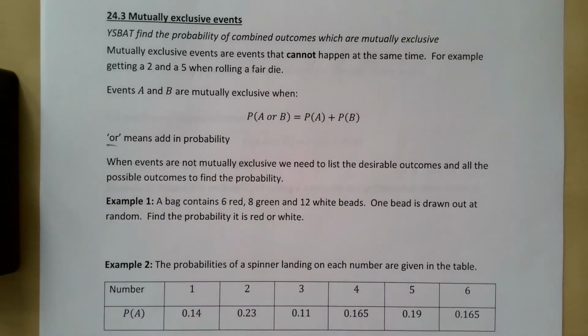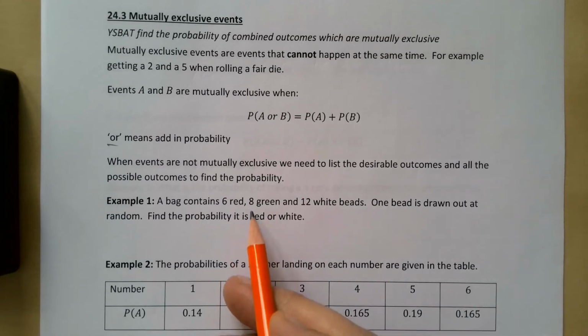When events are not mutually exclusive, we need to list desirable outcomes over all the possible outcomes to find the probability. A bag contains 6 red, 8 green and 12 white beads. One bead is drawn out at random. Find the probability that it is red or white.